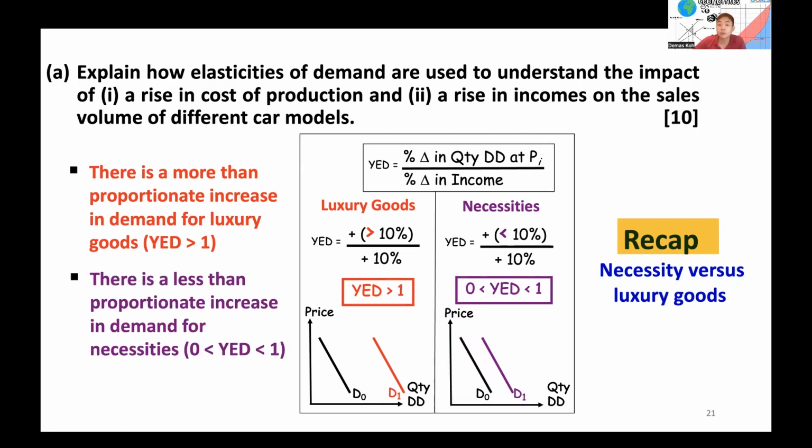So there is a less than proportionate increase in demand for necessities to the rise in consumer incomes. So you can compare the extent of the rightward shifts in both cases. Just a reminder to also draw the supply curve for completeness. I've left that out just because I want to show it for illustration.